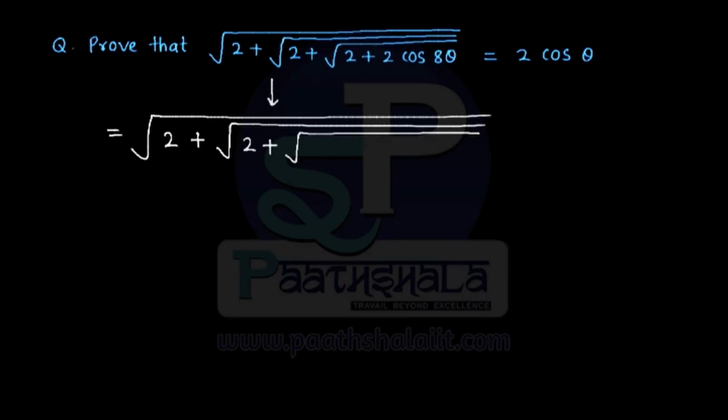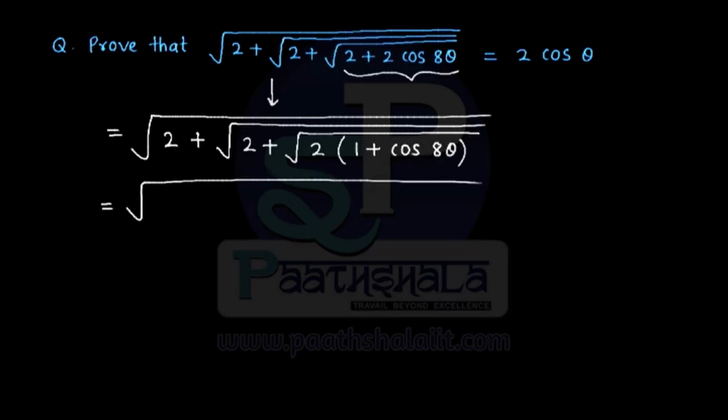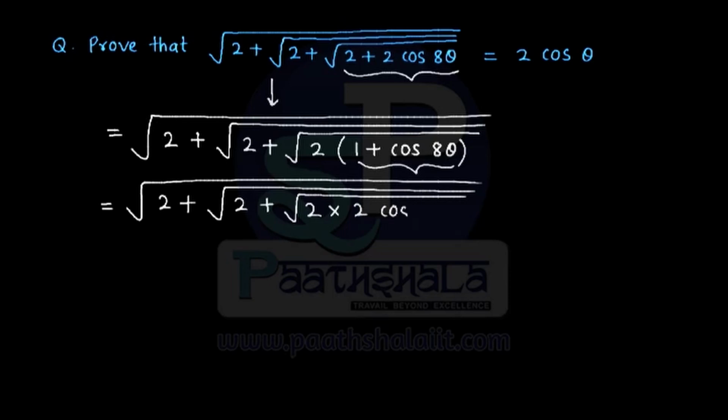So from the innermost term, we can take 2 common, thereby we will have 1 plus cos 8 theta, right? So that further equals 2 plus root of 2 plus root of 2 into. Now if you see, we have the special deduction for 1 plus cos 8 theta, that is 2 cos square of half of the angle, that is 4 theta.